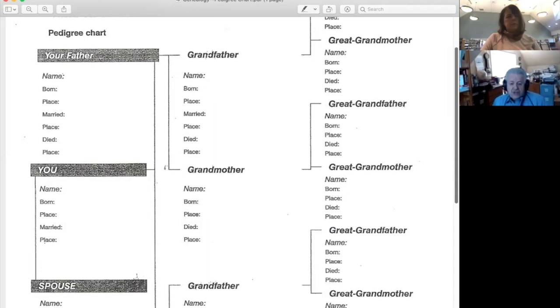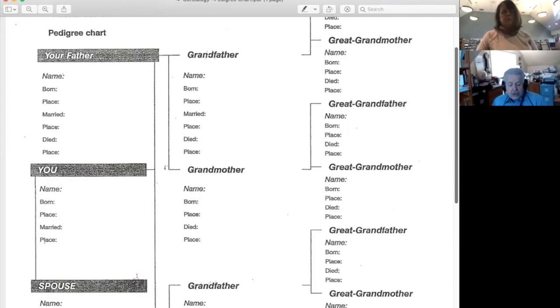And so you'd put the same information in there for your grandfather, that is your father's father. And there's nothing new about the information that's asked for there, and the same information for your grandmother. And that's, again, your grandmother on your father's side.